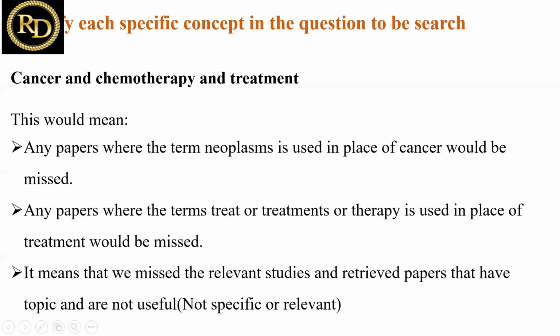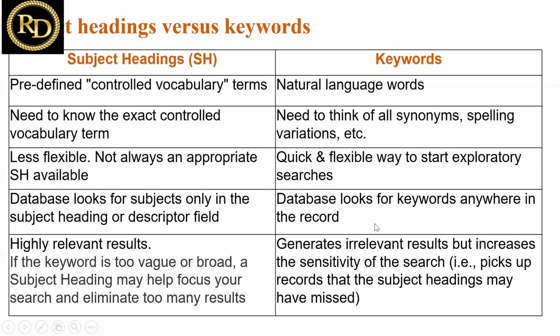So this is the difference between subject headings versus keywords. In search, we should include keywords, or natural language, and subject headings, which are also called controlled vocabulary, the dictionary of key medical terms. In subject headings, we have predefined controlled vocabulary terms, but in keywords, we can use natural language or layman language words.